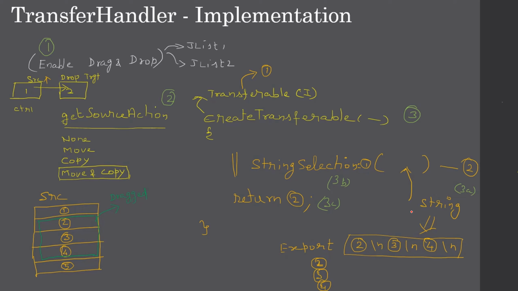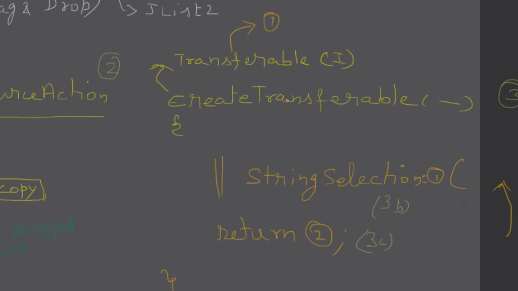In the last video we talked about this TransferHandler implementation. We talked about both getSourceActions as well as createTransferable. Now we will implement the canImport method.